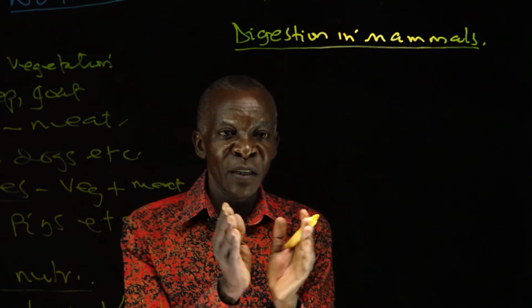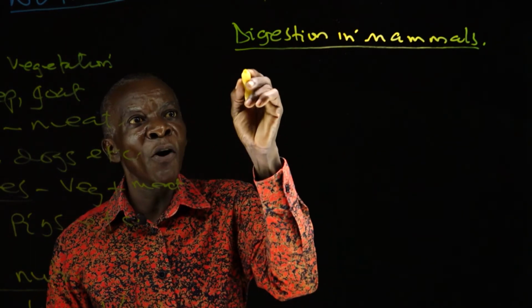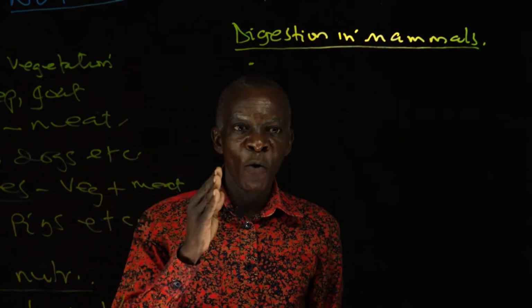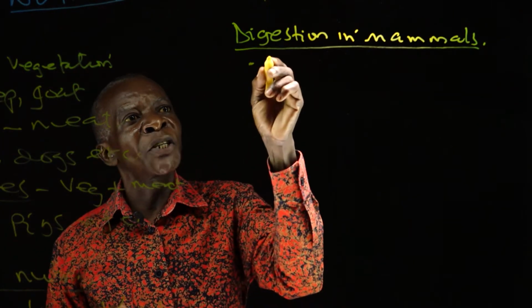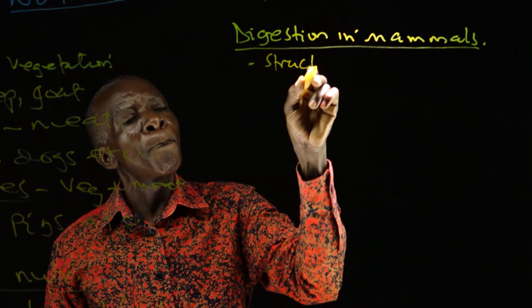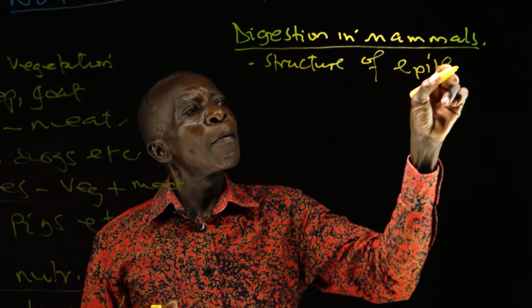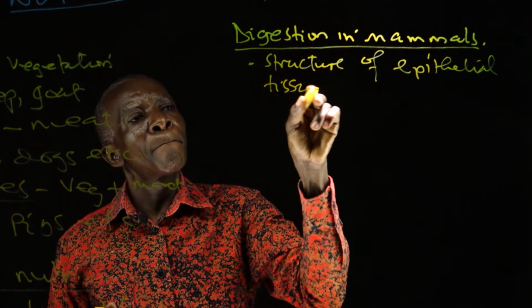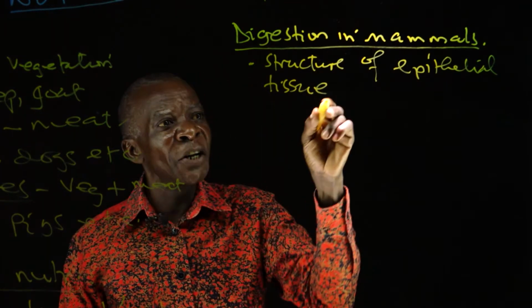In the discussion of this, we have to meet the following objectives. First, structure of epithelial tissue in relation to digestion.